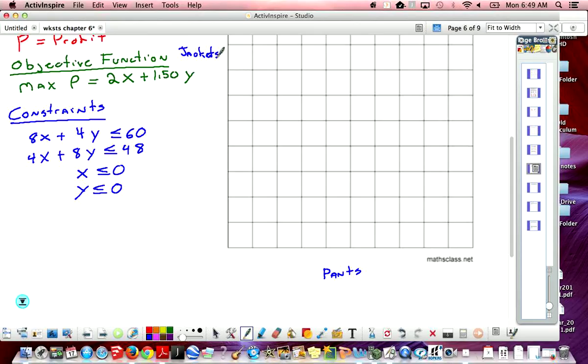So now, I want to graph all of these. I know first and foremost, because of these two values, I'm in the first quadrant. So I know that y has to be greater than or equal to 0, x has to be greater than or equal to 0. So I know that I'm going in this direction and this direction. Now I'm not going to do any shading until the very, very end.